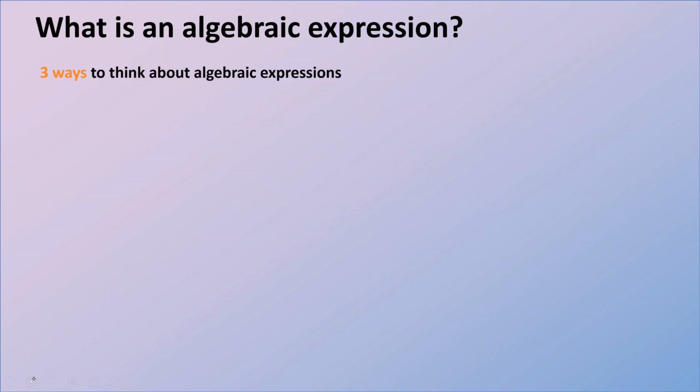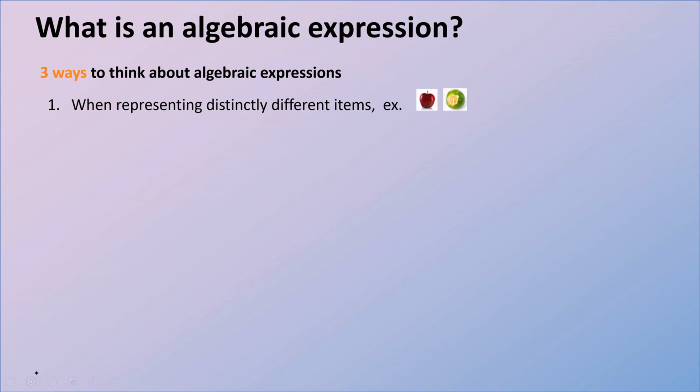There are three different ways that we can think about to generate algebraic expressions. The first one is when representing distinctly different items, for example, apples and oranges. If I have two apples and an orange with me, I can take x to represent an apple and y to represent an orange.